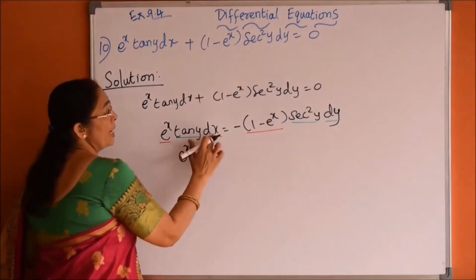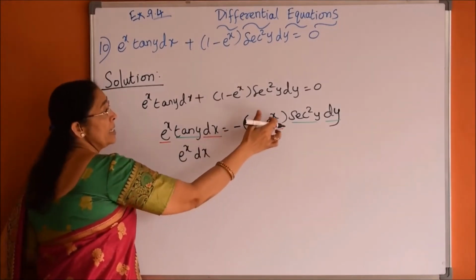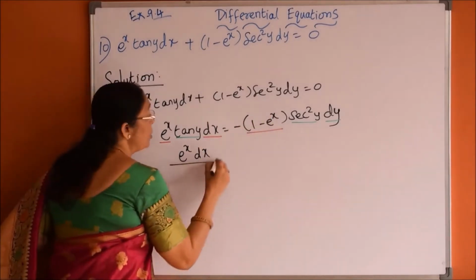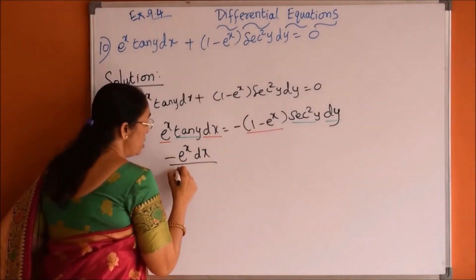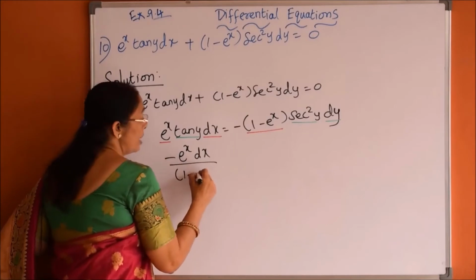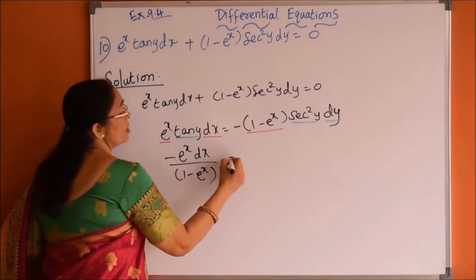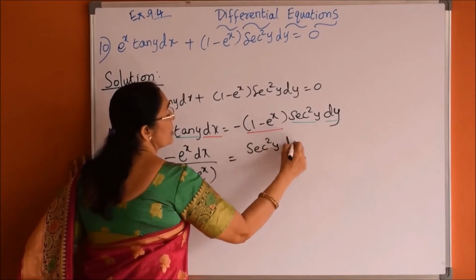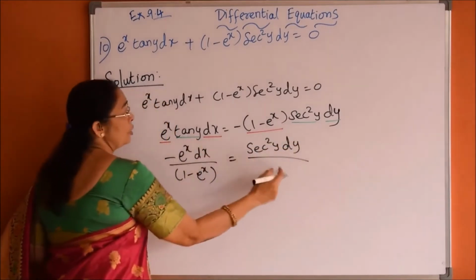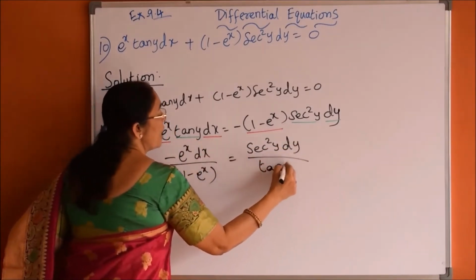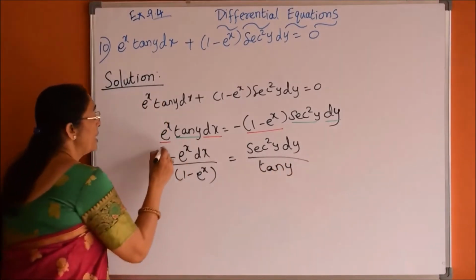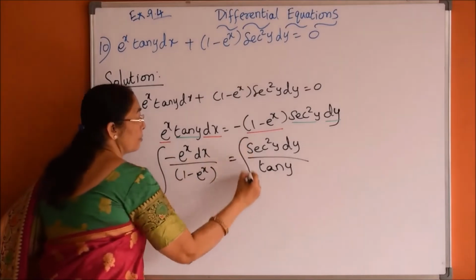So e power x dx divided by 1 minus e power x, which is an x term, I will bring to the left hand side with a negative sign, equals secant square y dy divided by tan y. Clear?